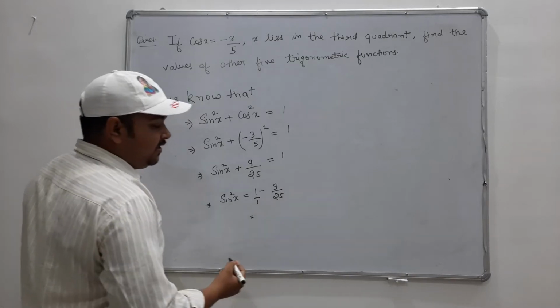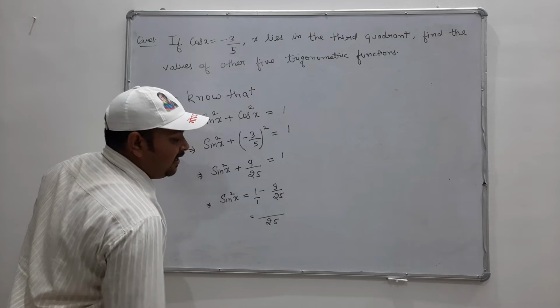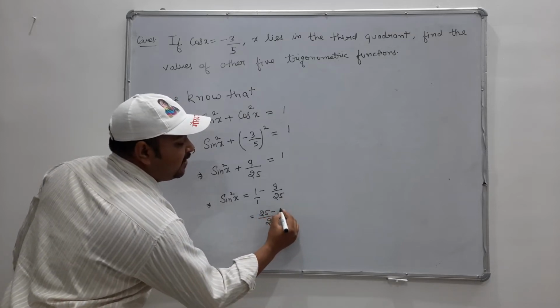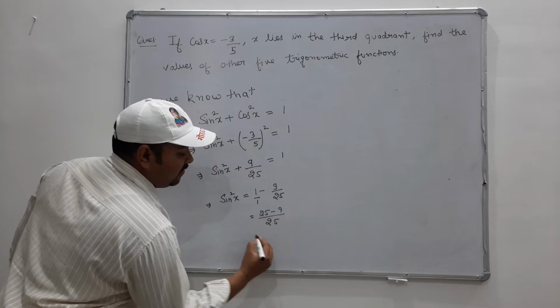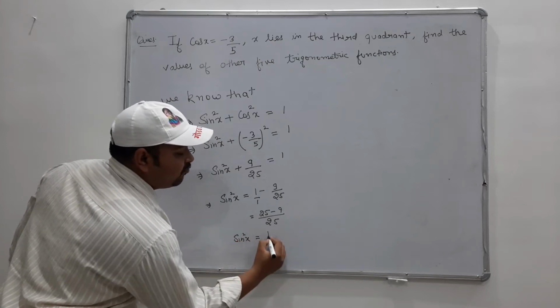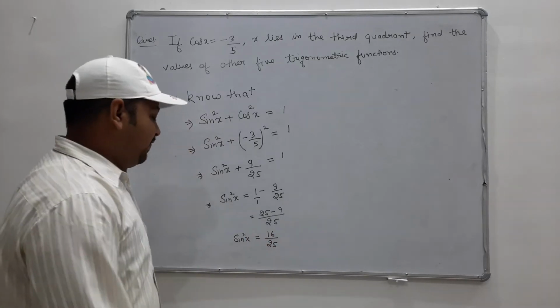By taking LCM, we will get 25 is the LCM, in numerator 25 minus 9, then sin square x is equal to 16/25.